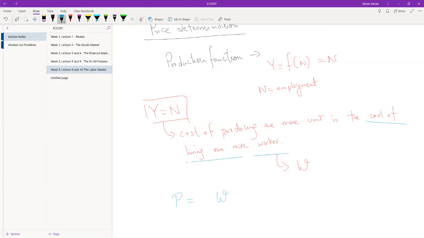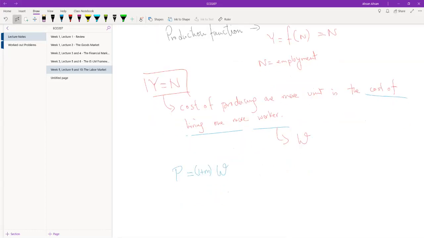And if it's exactly W, why produce if you're not making a profit? There's no point in it. We want to make a profit. So what we will have is 1 plus M, where M is the markup. And I think most of you know what a markup is. So suppose we have a markup of 10%.